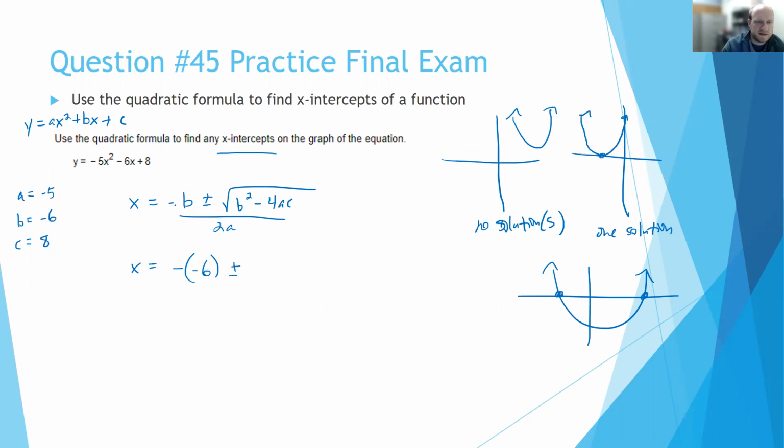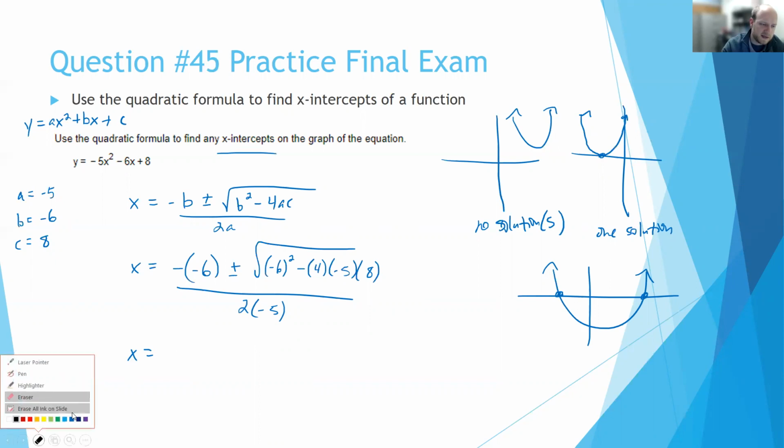I just have to remember that this minus on the b stays. b squared is a -6 squared minus 4 times a, which is -5. c is 8. All over 2 times a, 2 times -5. So this is going to give me a positive 6, because a negative times a -6 is positive, plus or minus, we have 36.